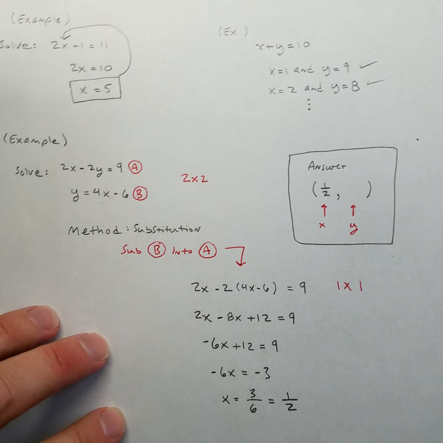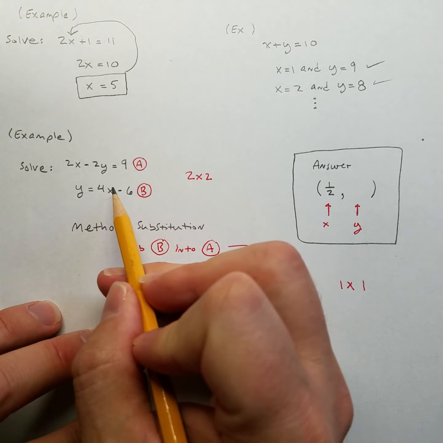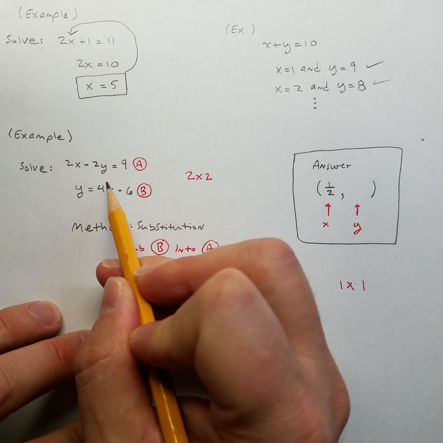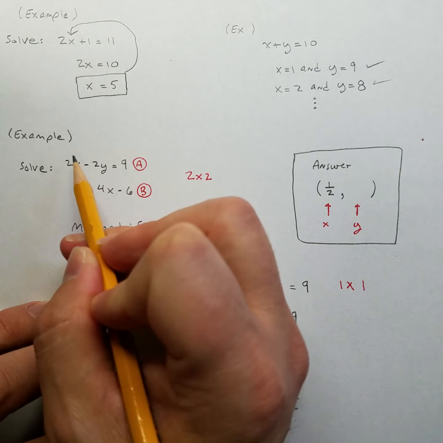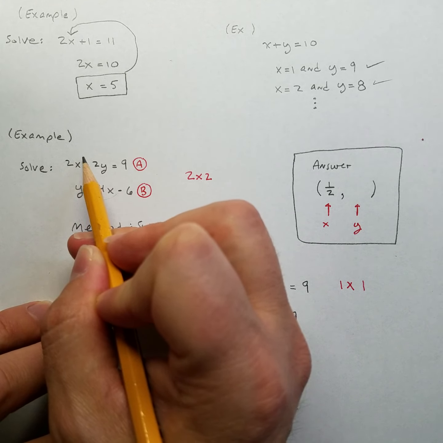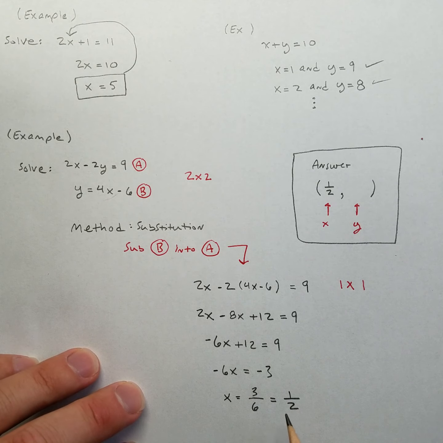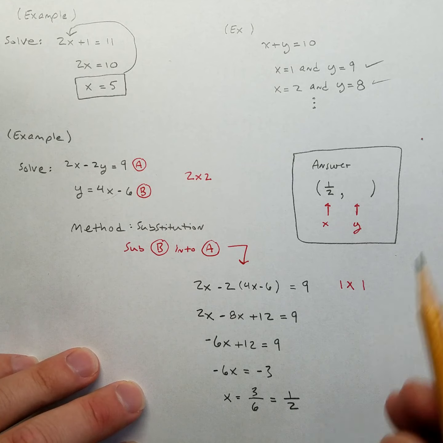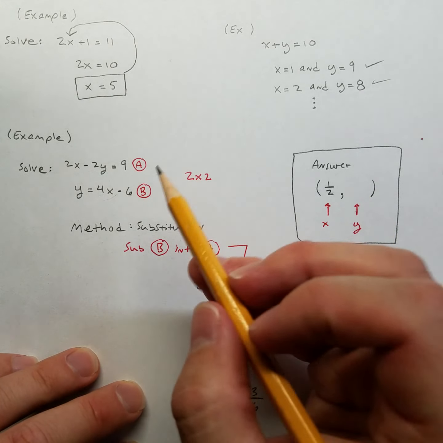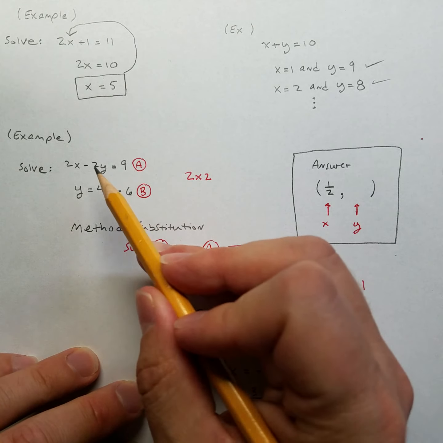If x is a half, I guess you could put that here, or you could put it here. It doesn't really matter. But just think about it like this: if you know that x has to be a half, what looks like an easier way to figure out the y? Would you put it here or would you put it there?